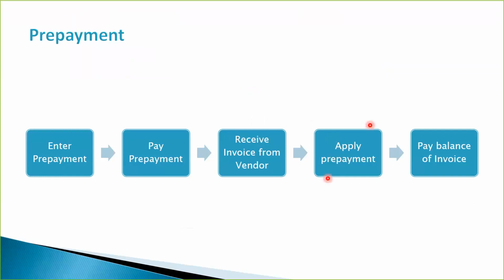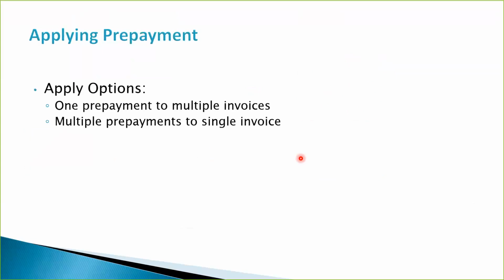Or you can query a prepayment and say you want to apply it, and the unpaid invoices will be shown to you, to which you can apply that prepayment. We're also going to see that at play in the system.